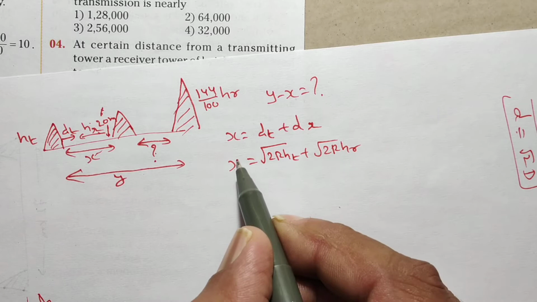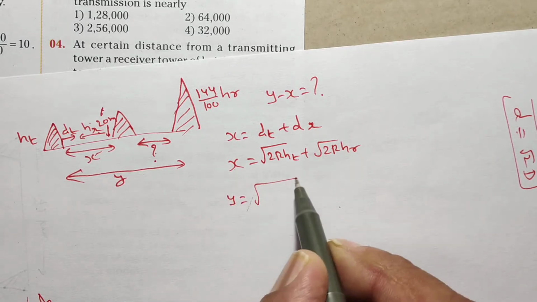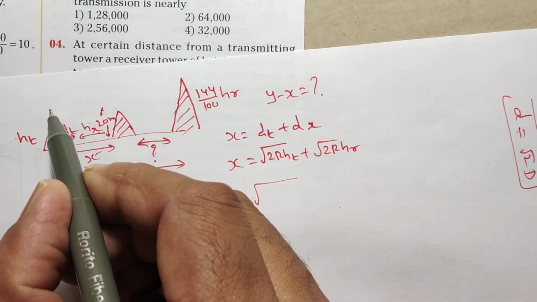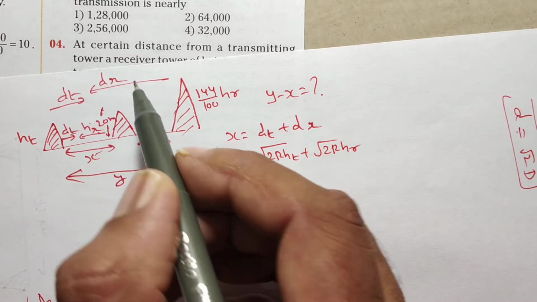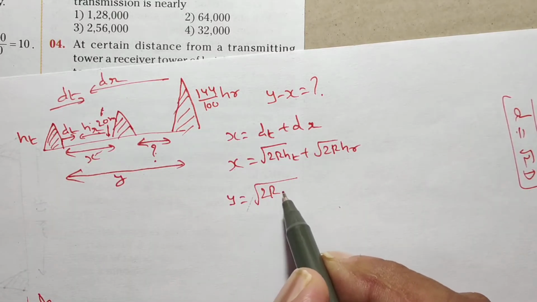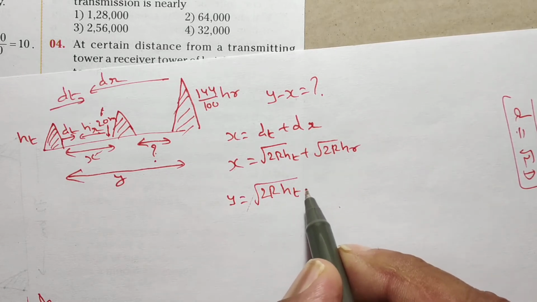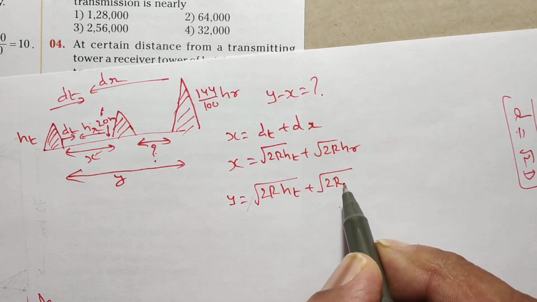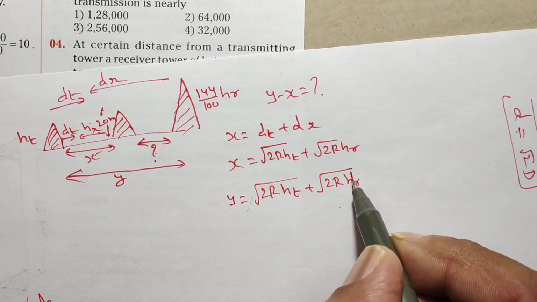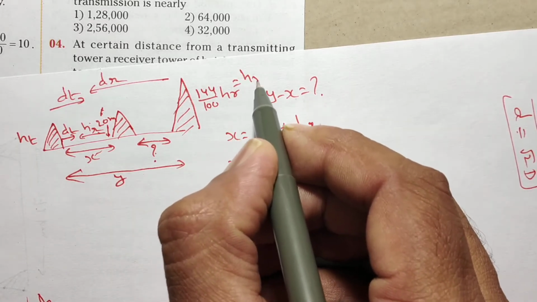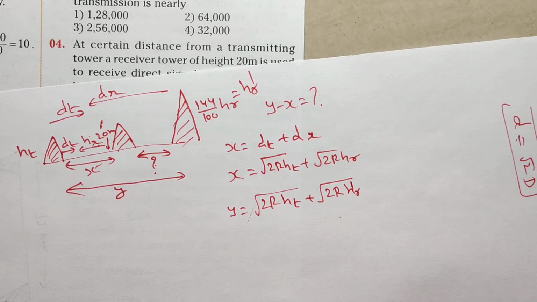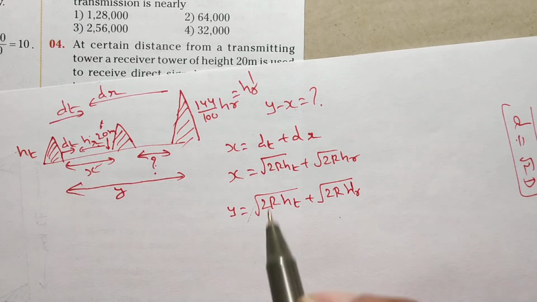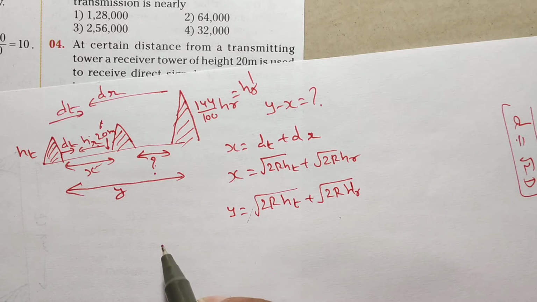Similarly y, because of this one we are getting dt, and because of this one dr. Now square root of 2r ht plus square root of 2r hr dash. Let us consider this is hr dash. Now y minus x we are required.